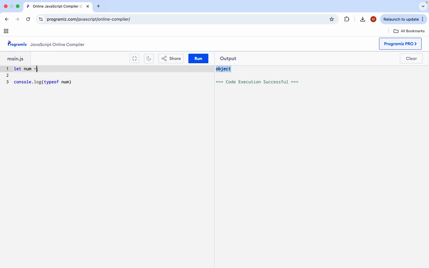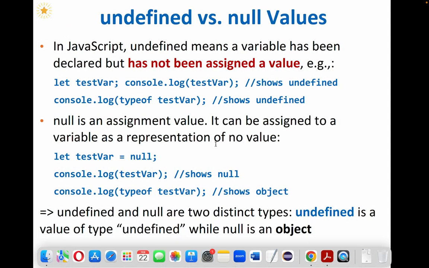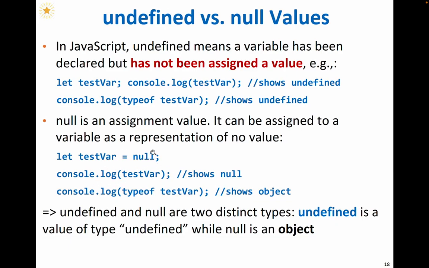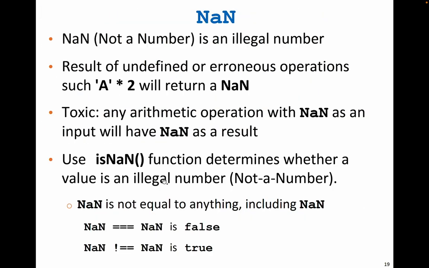In the undefined case, we would get undefined. So basically, there are different data types. One of them is object, the other one is undefined.